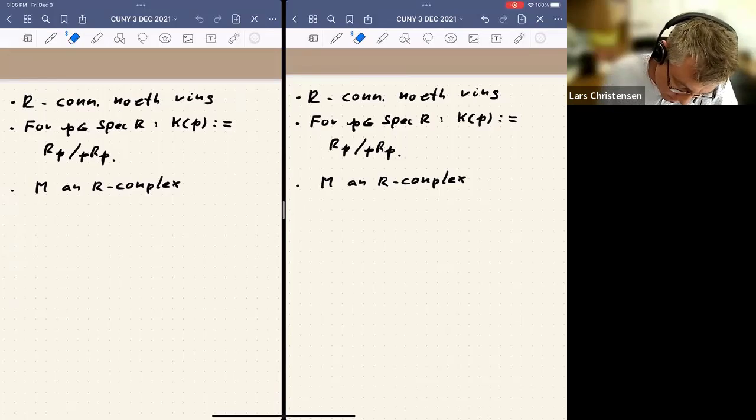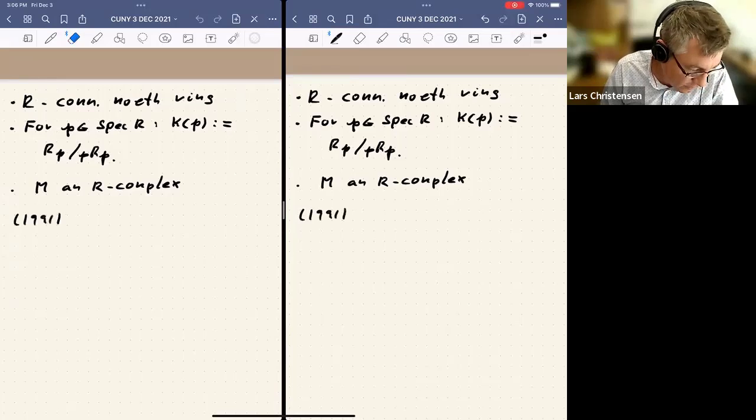So the first standard result I want to recall is from 1991 of Ramat and Foxby.